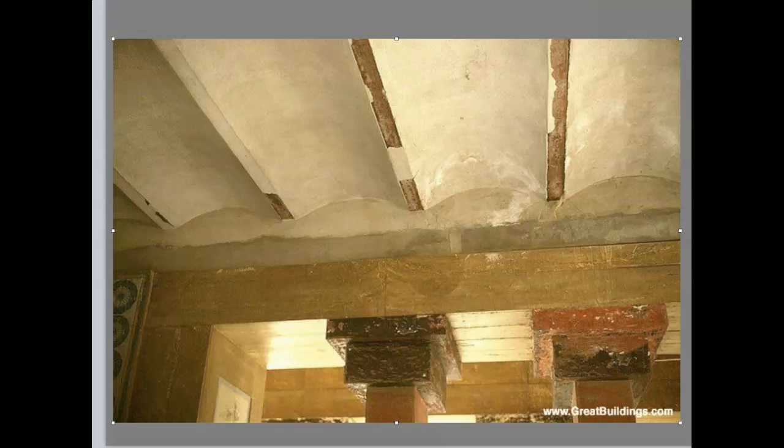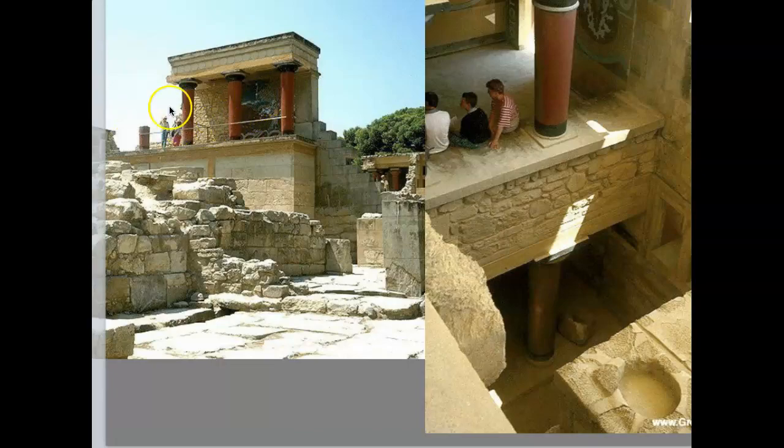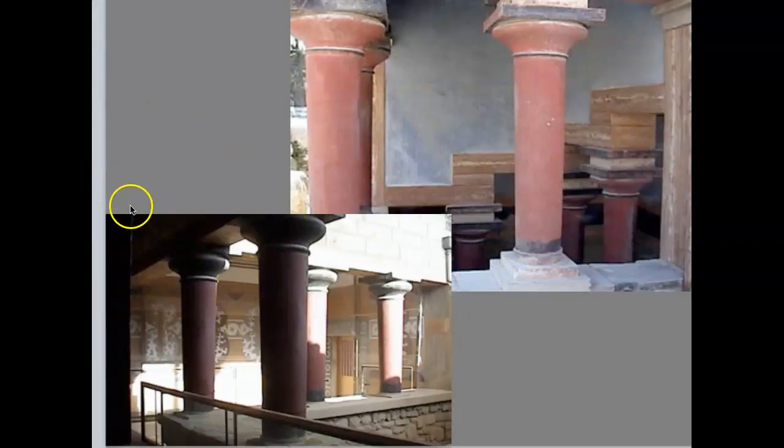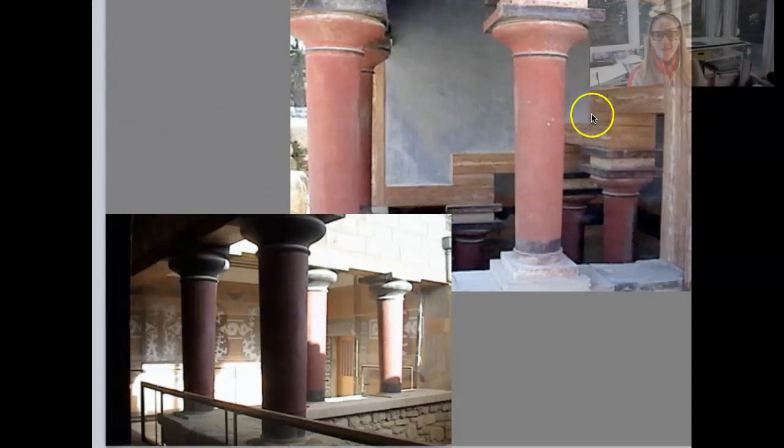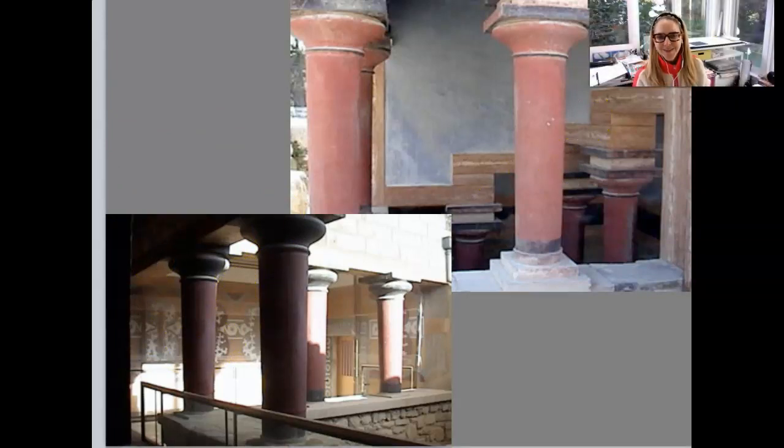On the walls, we have beautiful paintings, and you can see some of them here, and they are called frescoes. If you think about the word fresco, it sounds like the word fresh, right? So what is a fresco? This is the first time we're encountering a fresco. A fresco is a painting that is painted onto a surface of wet plaster.